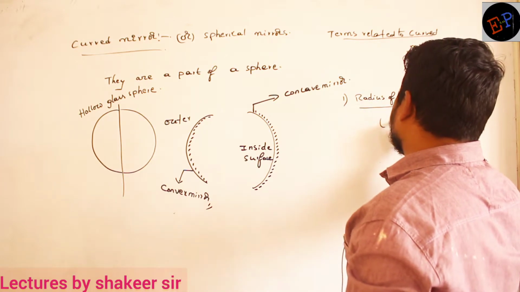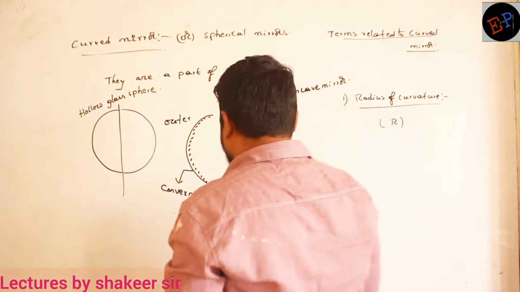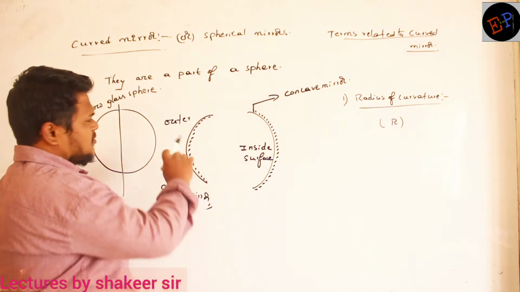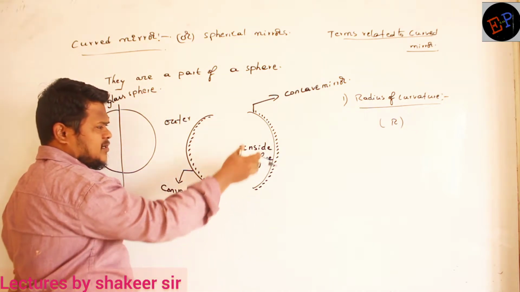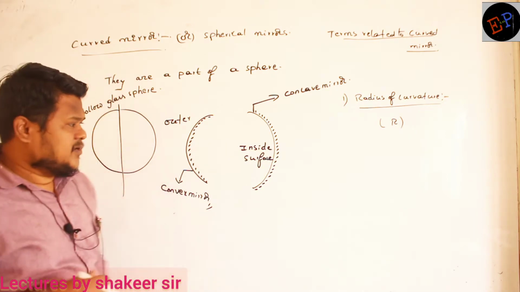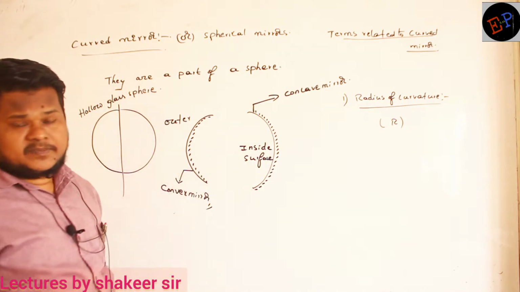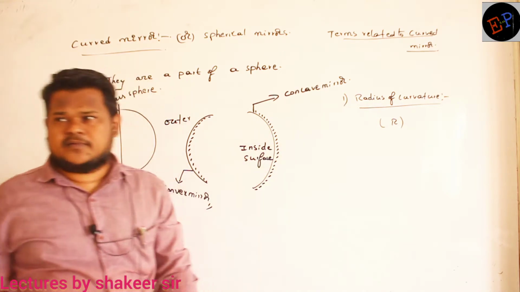It is represented by the letter R. So what is meant by radius of curvature? See, this mirror and this mirror are part of a sphere. If you take the radius of that sphere, of which these mirrors are made up of, then that radius is nothing but radius of curvature.